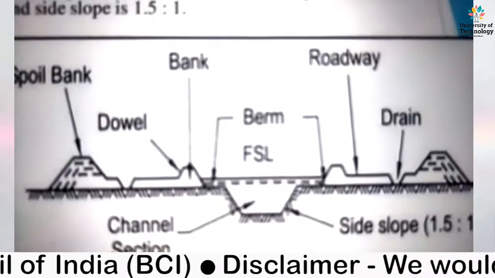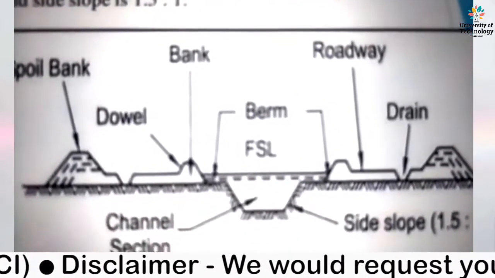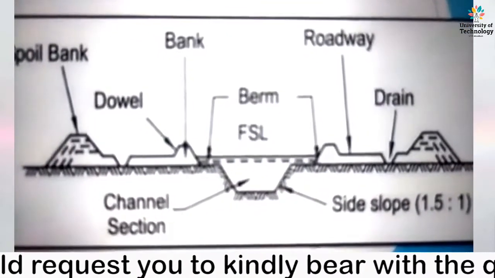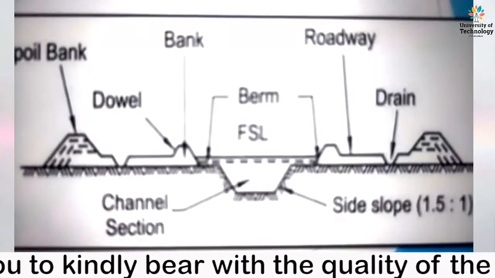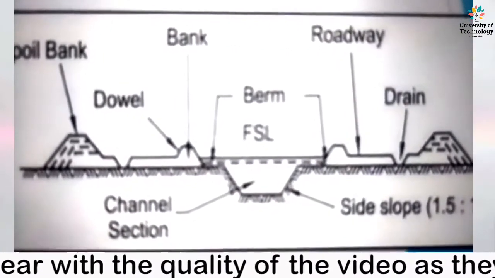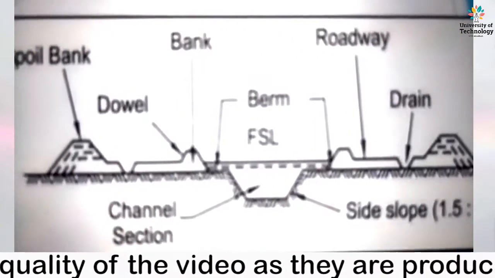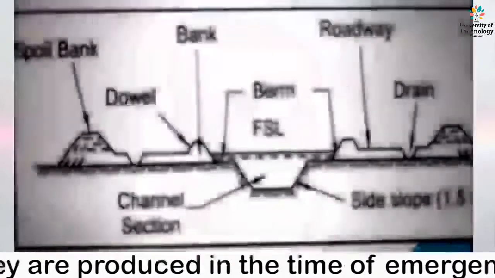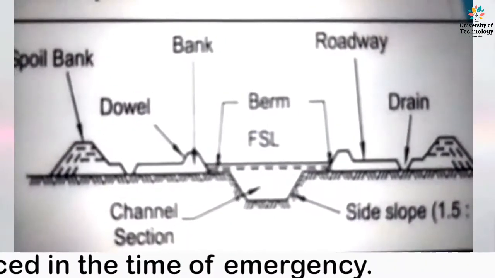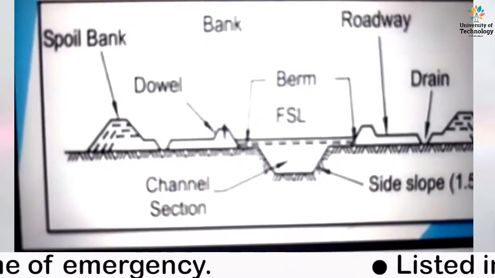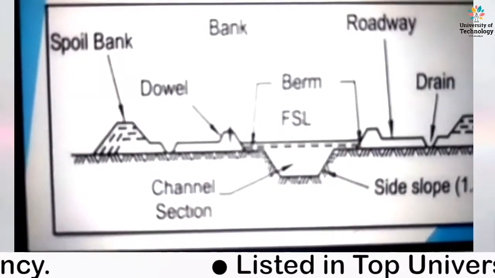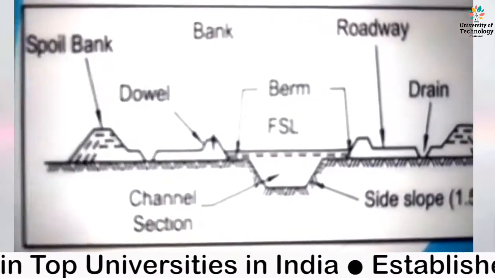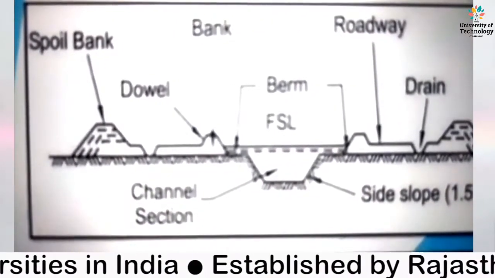As you know, berm is used for the protection of the bank of the canal after cutting of the channel section, and to reduce the silt deposited in the canal, so all particles get deposited in the horizontal portion known as berm.